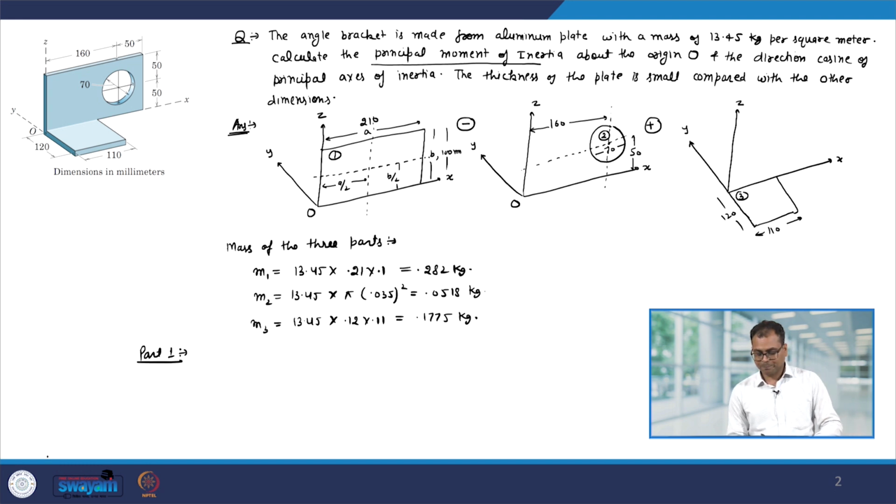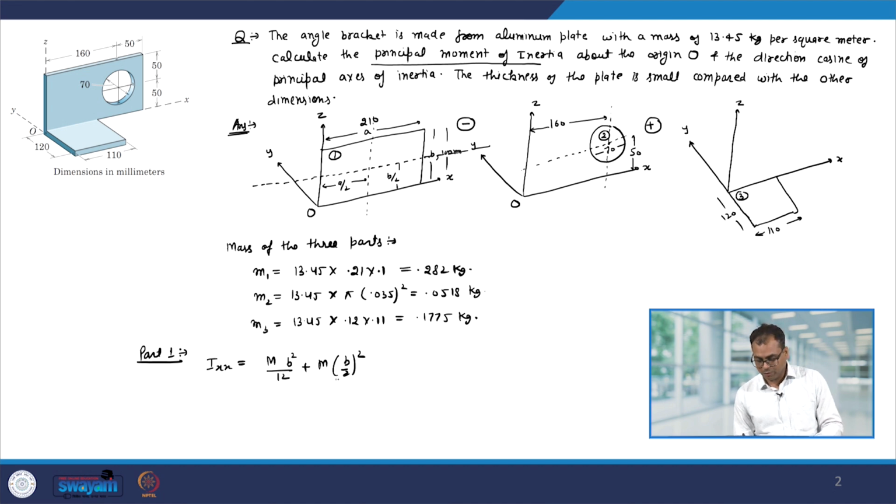For part 1, the moment of inertia about the x axis, Ixx, will be equal to the moment of inertia about this axis plus m times b by 2 whole square. So, we can use the parallel axis theorem. The moment of inertia about this dashed axis will be m b square divided by 12 plus m times b by 2 square.